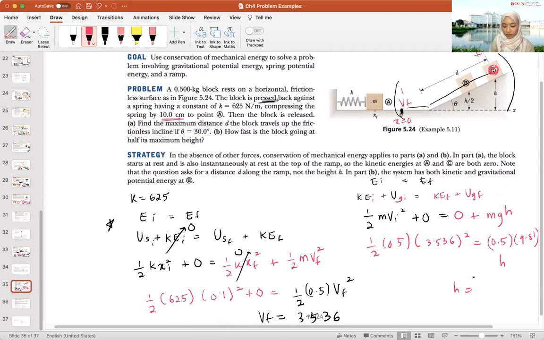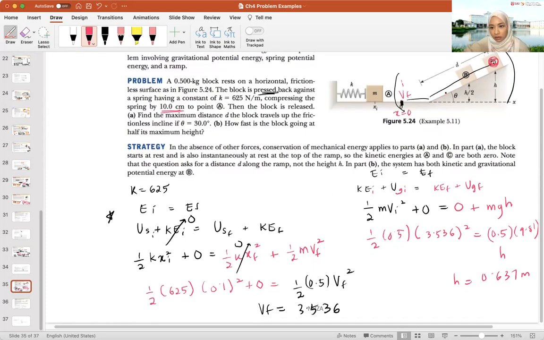I also don't know, to be honest. 0.5 times 3.536 squared divided by 2 divided by 0.5 divided by 9.81. So our H is 0.637 meter.